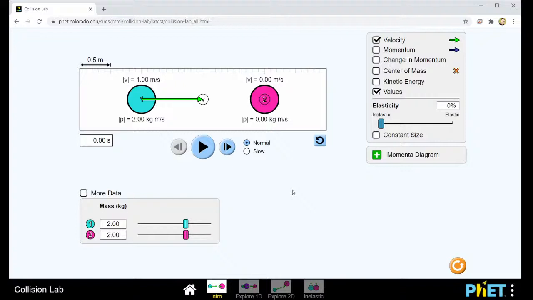Thank you, Davon. So now, can you calculate how fast they're going to be traveling? They're going to collide and stick together, and together they're going to have a momentum of 2 kilograms meters per second.